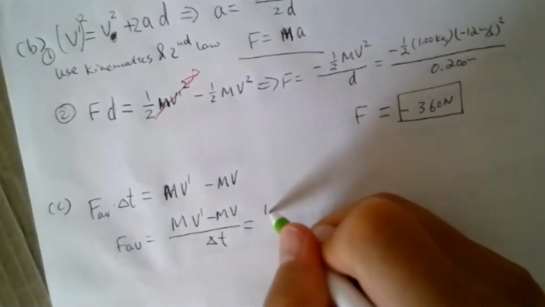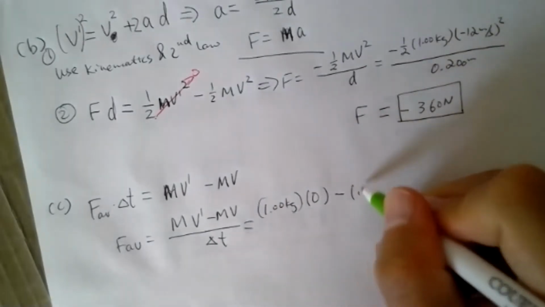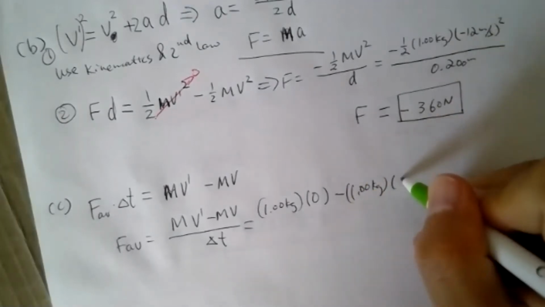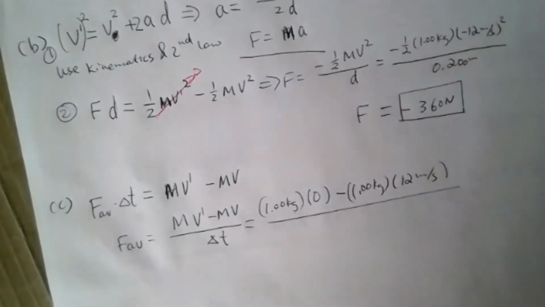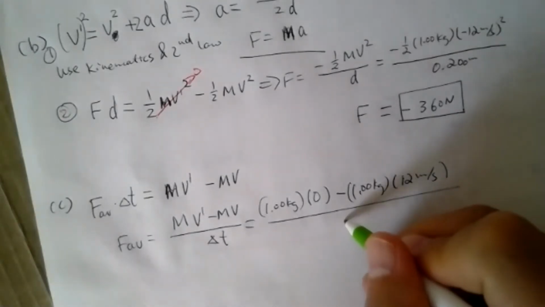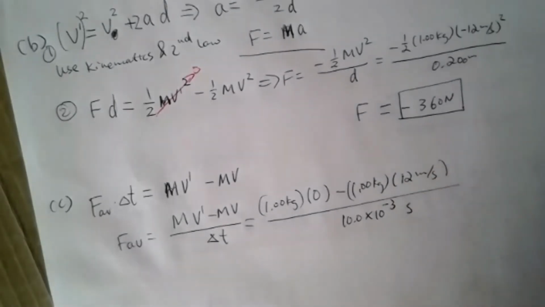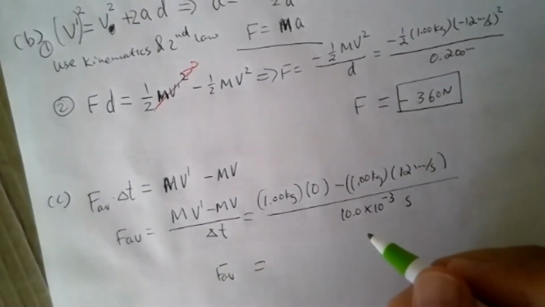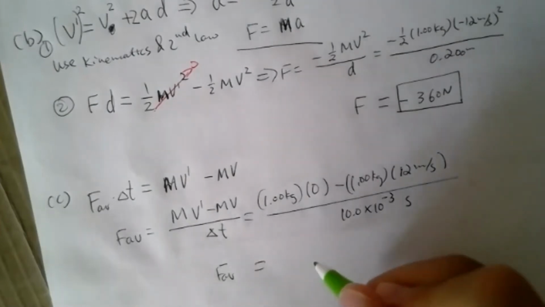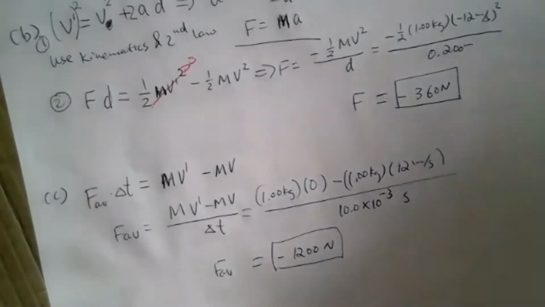That is 1 kilogram times final 0, minus 1 kilogram times the initial 12 meters per second, divided by delta t of 10 times 10 to the negative 3 seconds. When you calculate this, it's going to be 1200 newtons, with a negative sign.